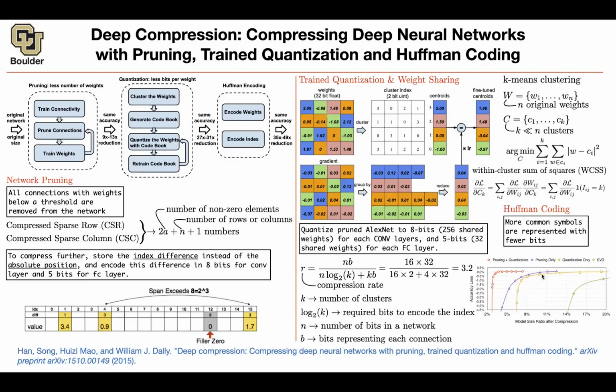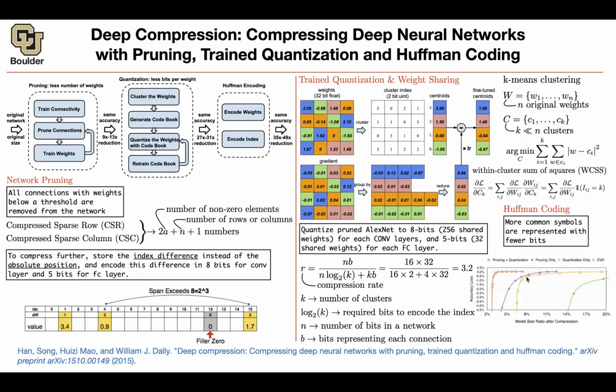If you do quantization only, depending on the amount that you're compressing, this is the compression rate. Initially, you're not going to lose much accuracy, but then it's going to drop more and more. So if the size of your resulting network is, I don't know, is this number 6%? With around 6% of the one that you started with, you're losing a lot of accuracy.